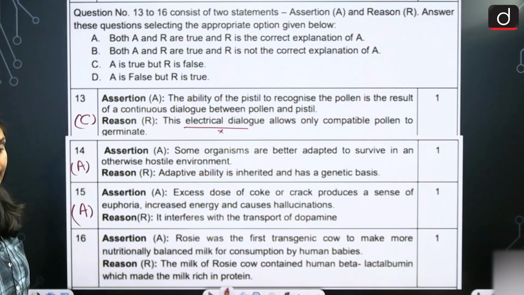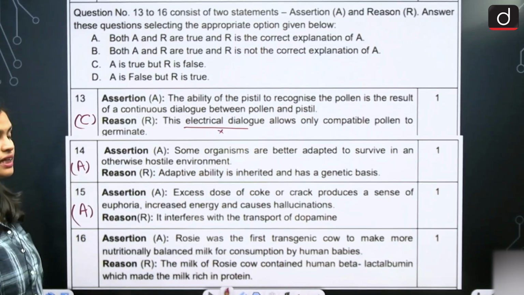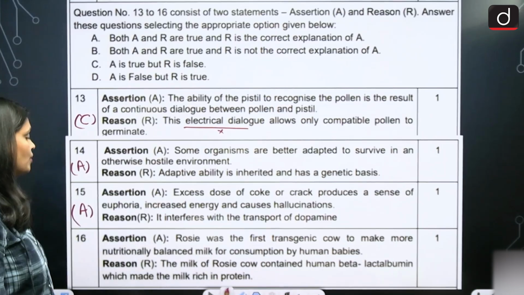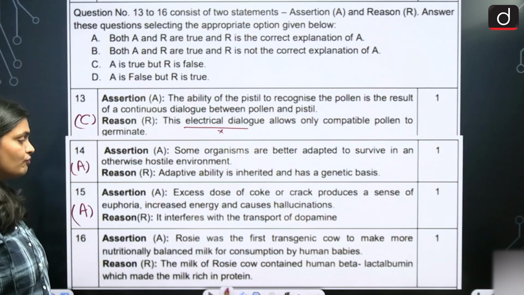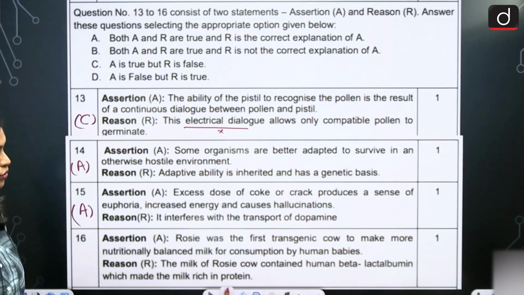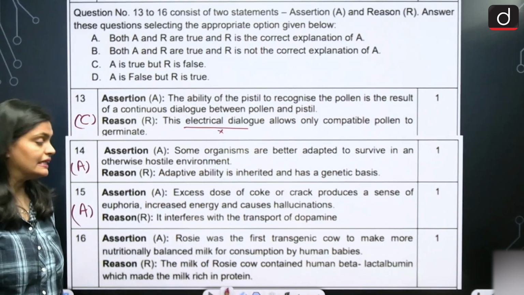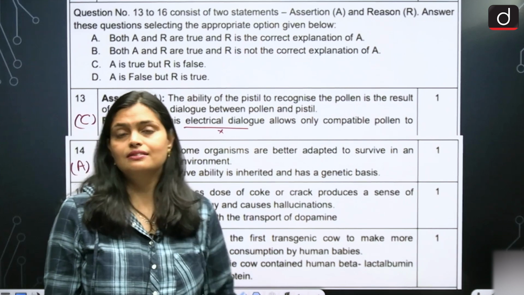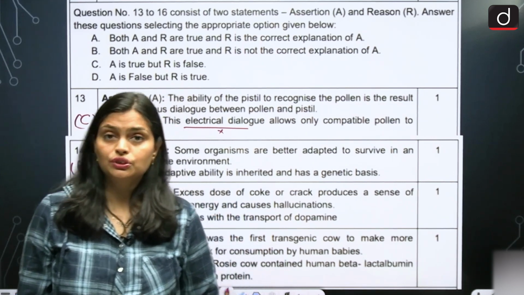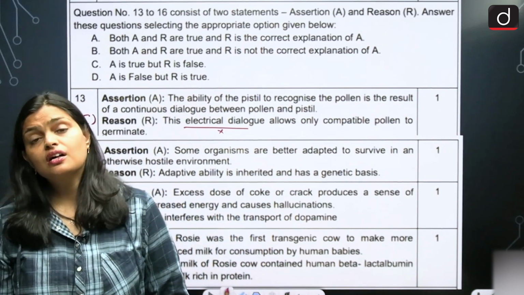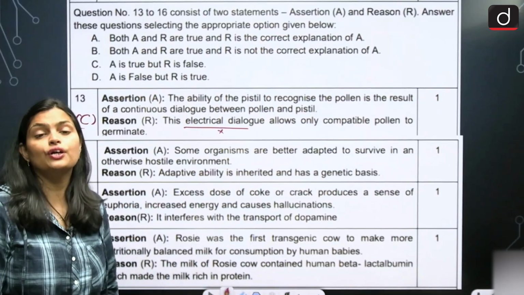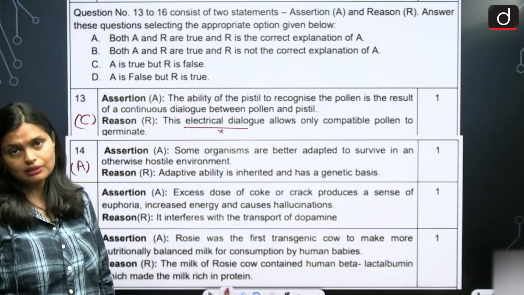Okay, then assertion says Rosie was the first transgenic cow to make more nutritionally balanced milk for consumption by human babies. The milk of Rosie contained human alpha-lactalbumin which made the milk rich in protein. So see, ye jo Rosie cow hai, this is a transgenic cow which is made to produce a nutritionally high quality of milk which is similar to mother's milk.